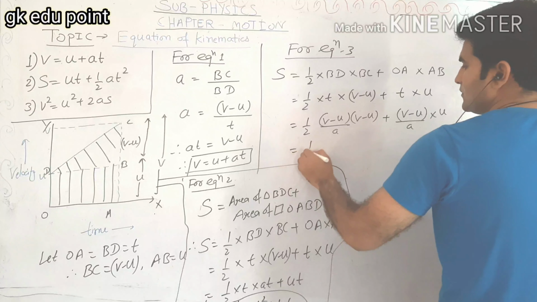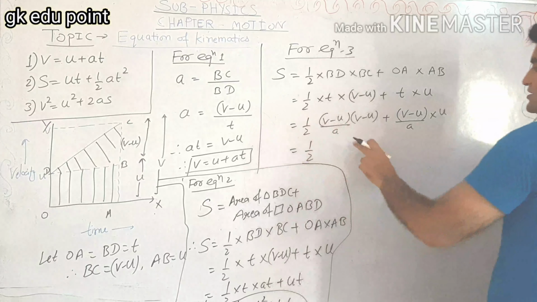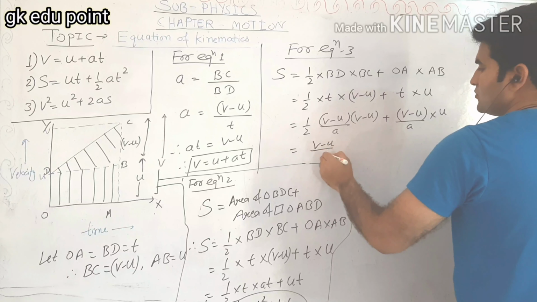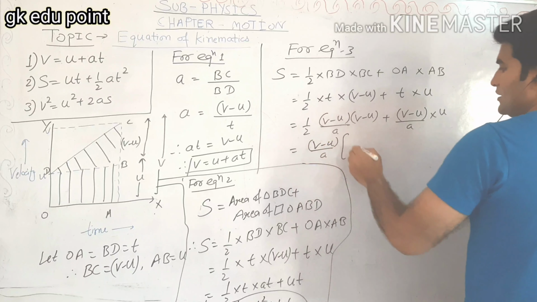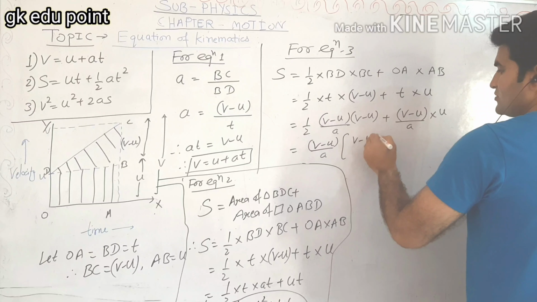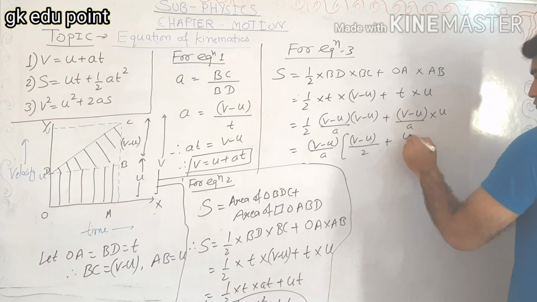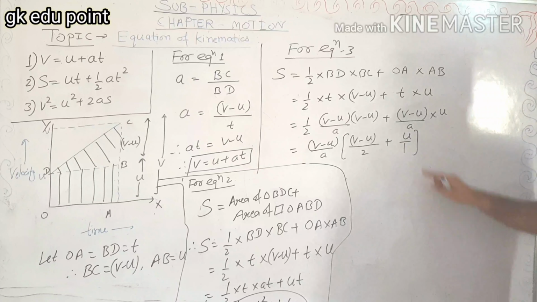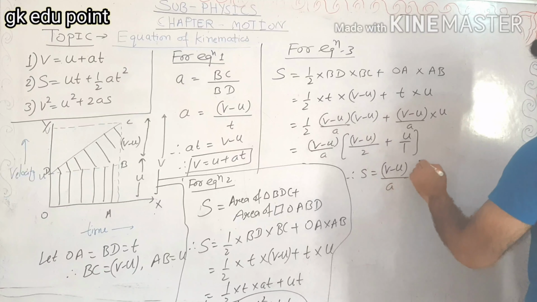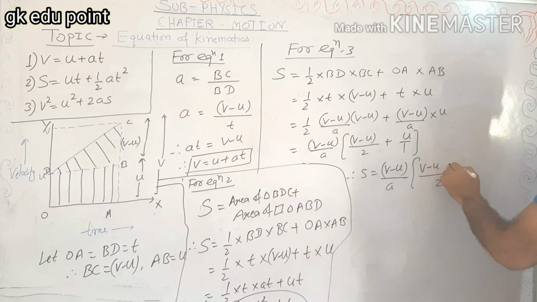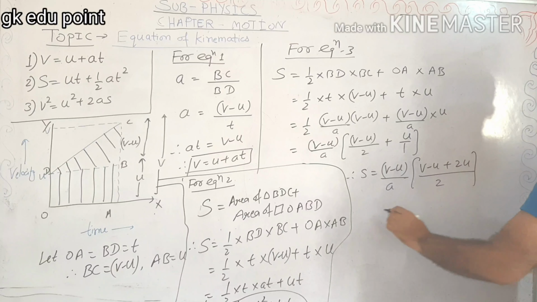Now we observe that v minus u over a is common. So we can take v minus u over a as common, and we get inside the bracket v minus u over 2 plus u. We can solve this part by taking LCM 2. Therefore s equal v minus u over a, and taking the LCM 2, v minus u plus 2u.